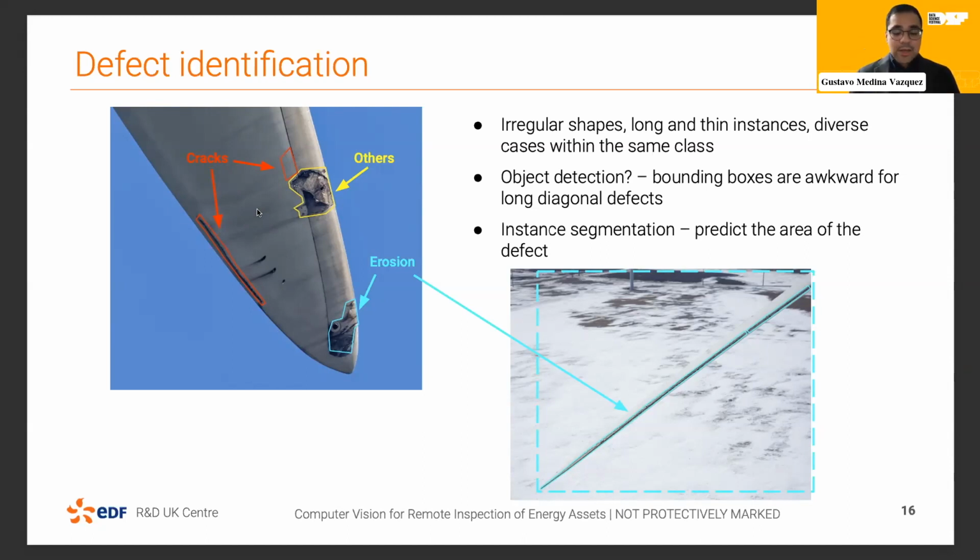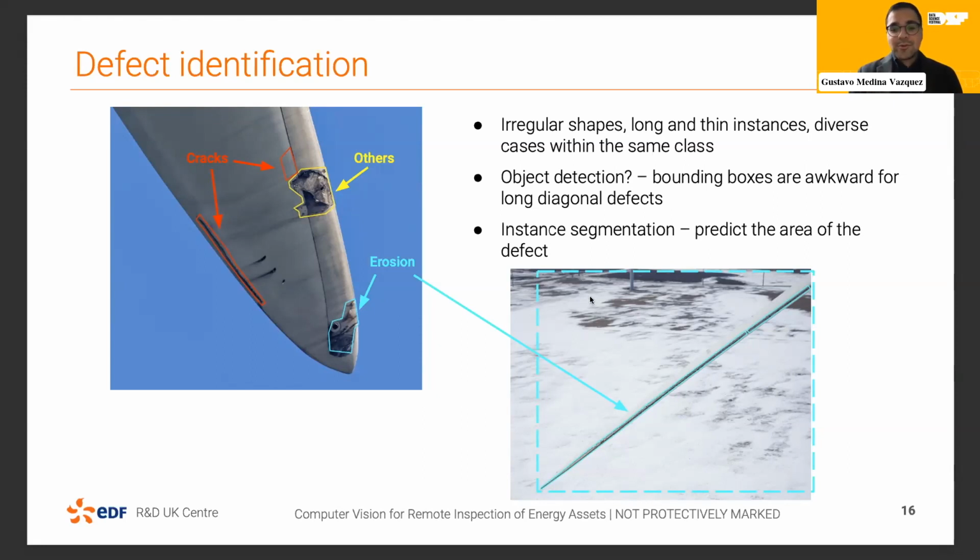And another thing is that normally when you think about detecting something in an image, the first thing that comes to mind is object detection, where you would normally use bounding boxes to identify different elements. And we tried this initially. However, we quickly realized that this was not the ideal route in our application.